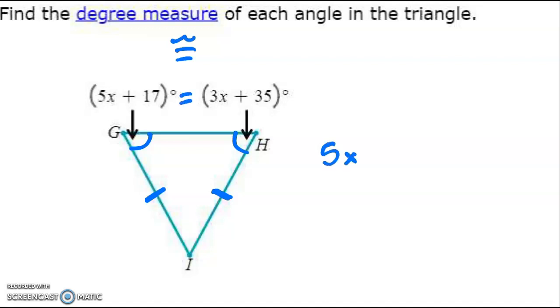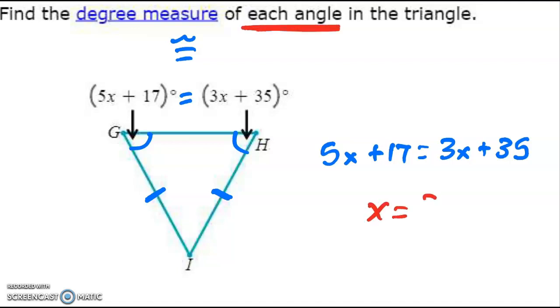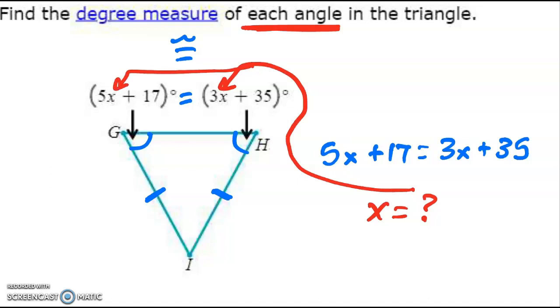So you would start with 5x plus 17 equals 3x plus 35, and you would go ahead and solve for x. Now they are asking for the actual angle measure. So once you solve for x, that's going to go in those two expressions, and you'll find what that actual measure is.